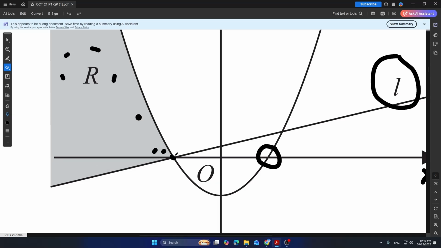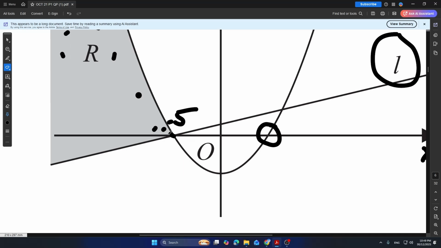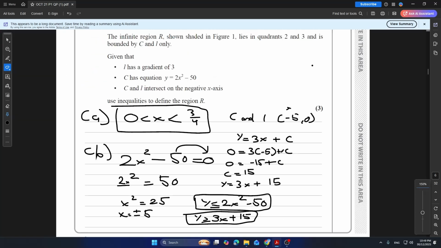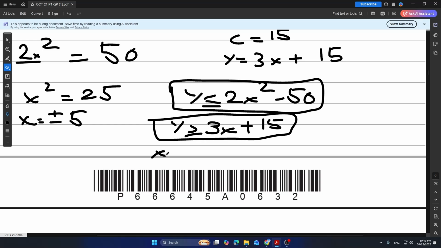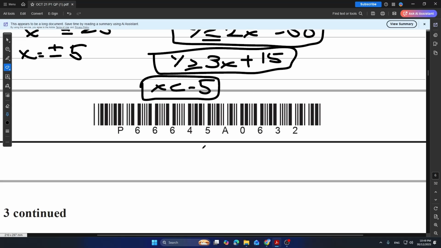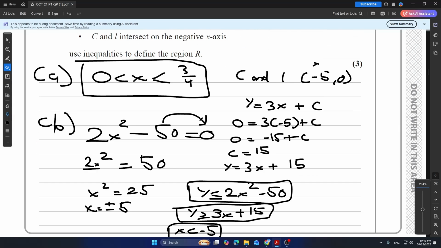If we're moving to the left, the value of x decreases. We already know this point is minus 5. So we can say another inequality is x is less than minus 5. These are our three inequalities.